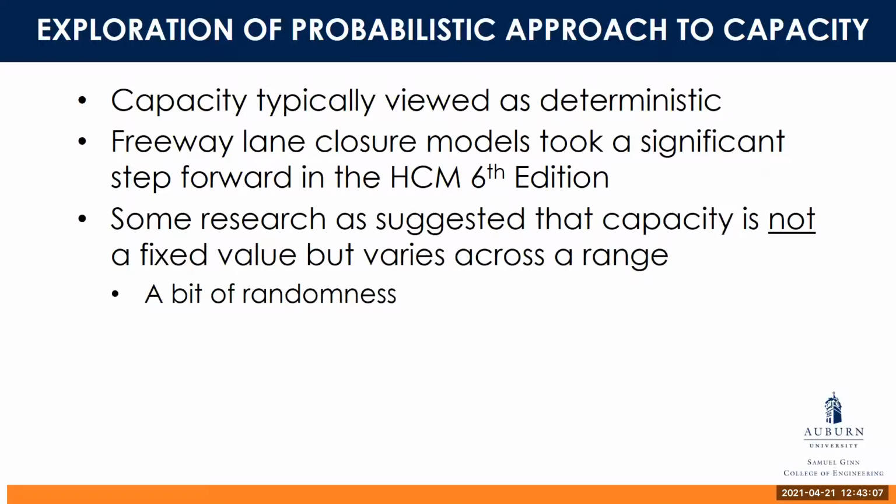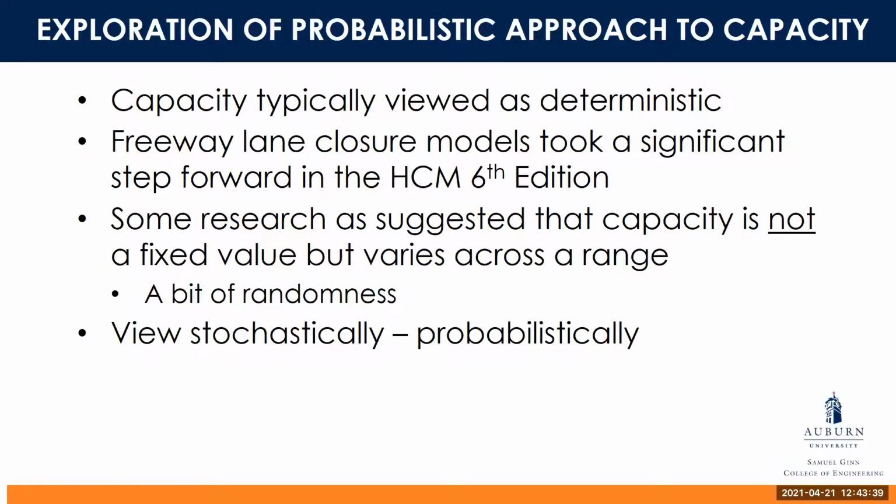However, some research developed over the last couple of decades or so has suggested that capacity is not really a fixed value, but varies across a little bit of a range at any given site. There's a bit of randomness there. And this is also what we saw in our field data from the site on I-59 and I-20, is that rather than there being a single value in terms of flow rate above which you could always count on a breakdown in a queue to occur and below which traffic would flow freely, that value was a bit of a moving target.